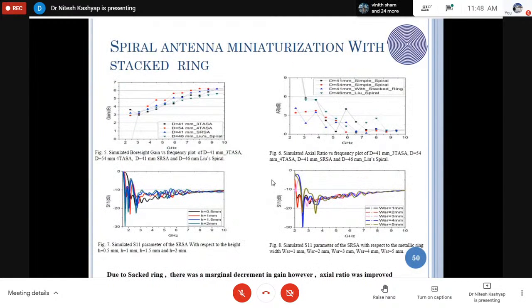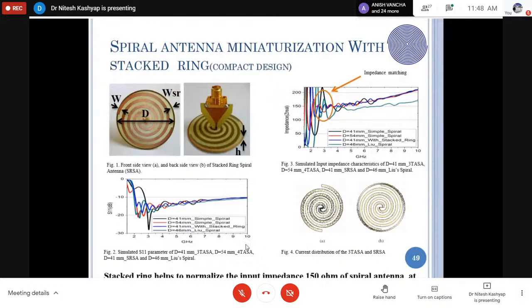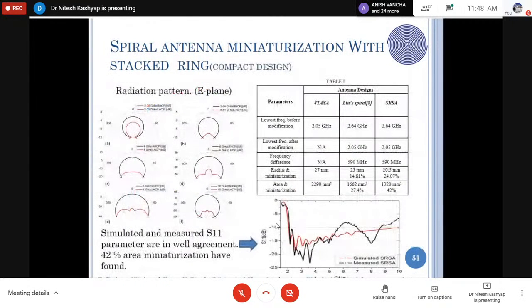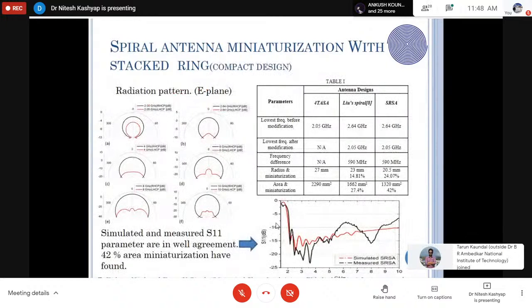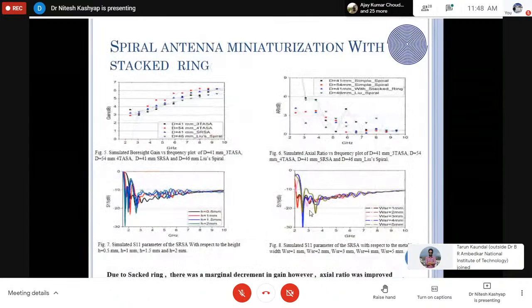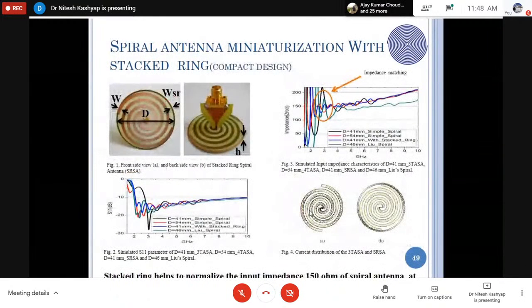So what happens here, see, initially the simple spiral was the black one.